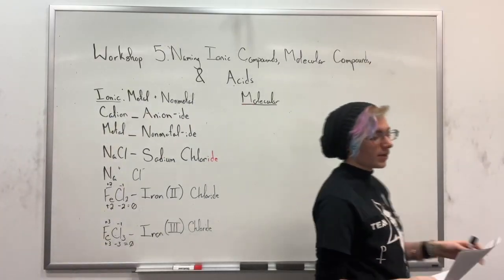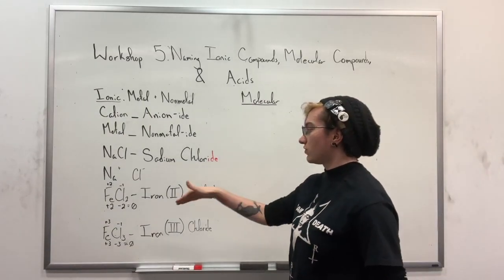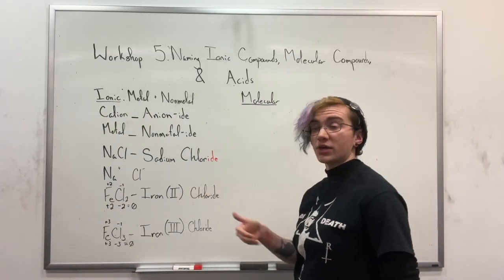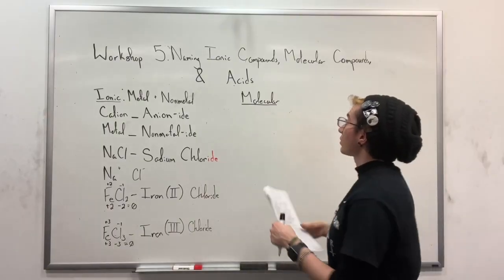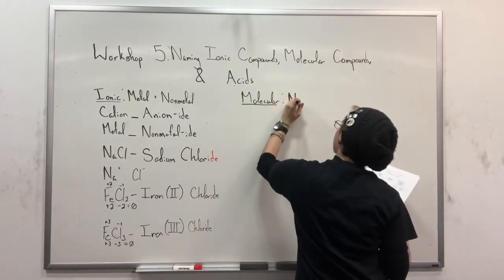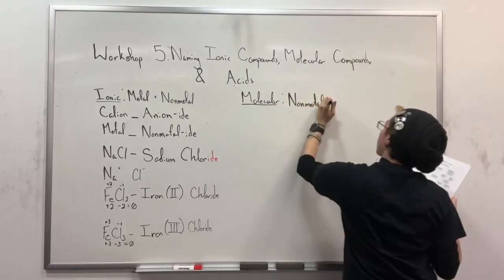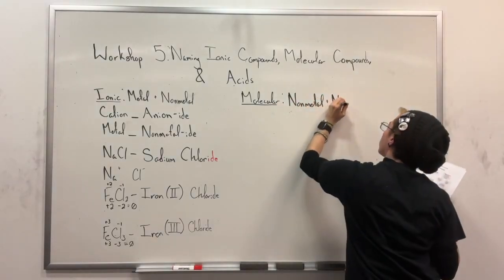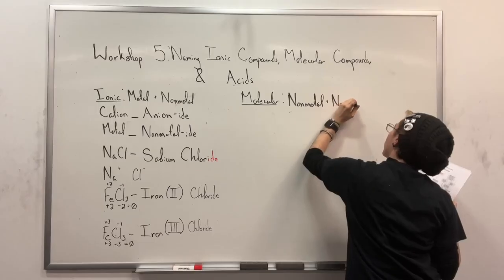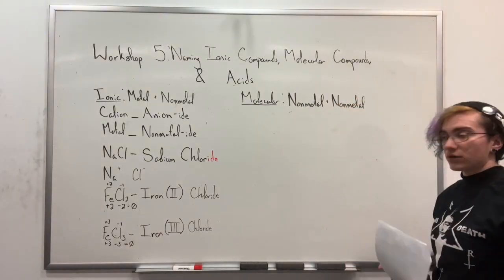With molecular compounds, though, we don't have the ability to use their charges to figure out compound from name or name from compound. Because in molecular compounds, you are bonding 2 nonmetals. And when you have 2 nonmetals bound together, you are not transferring your electrons, you are not creating ions, you are sharing your electrons.